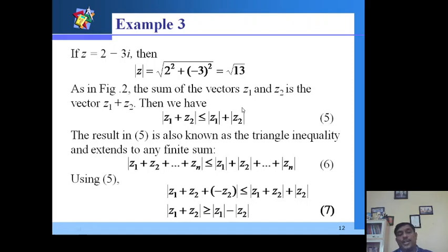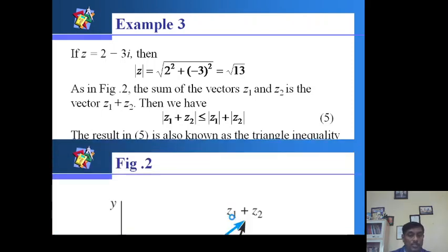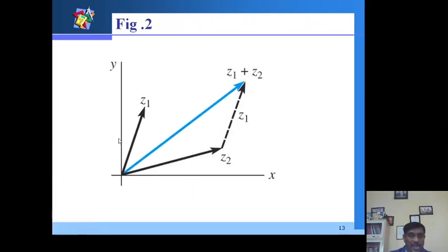This is the triangle inequality. It can also be extended to a finite sum, that is mod of z1 plus z2 up to zn is less than or equal to mod z1 plus mod z2 plus up to mod zn. Using this, we can also express mod z1 plus z2 is greater than or equal to mod z1 minus mod z2.